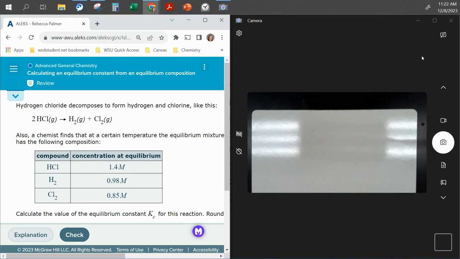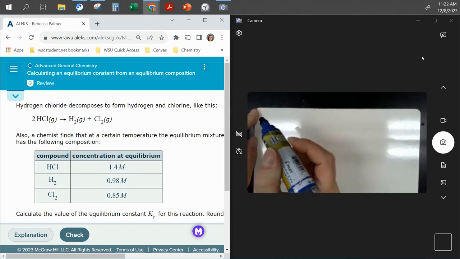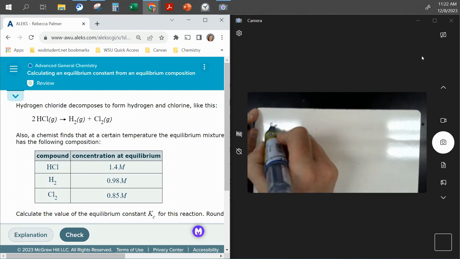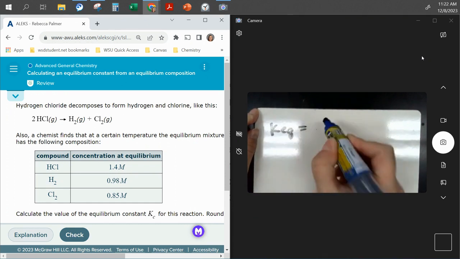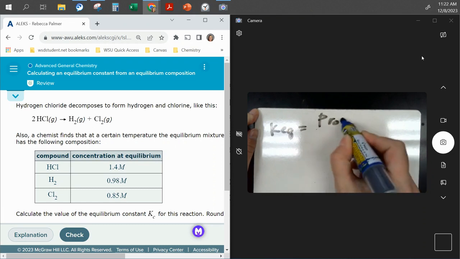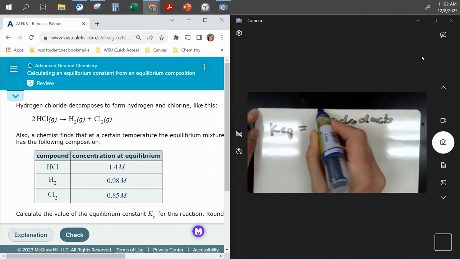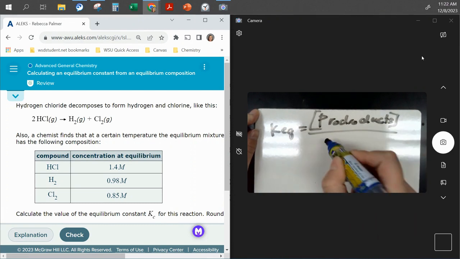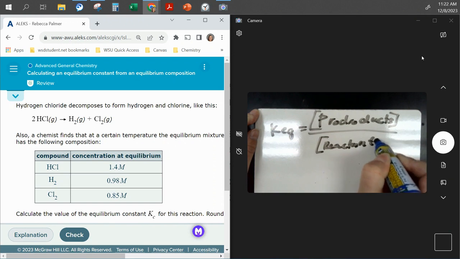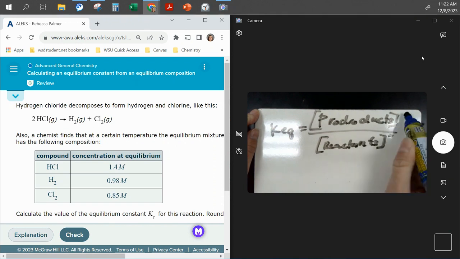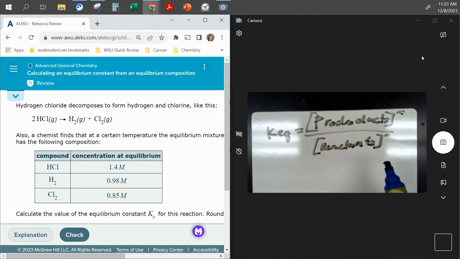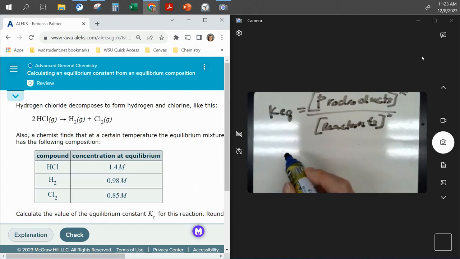Okay, so remember, our equilibrium expression is the concentration of the products over the concentration of the reactants. And if there are any coefficients, we raise it to the coefficient. So this one, we have our product is H2 and Cl2.